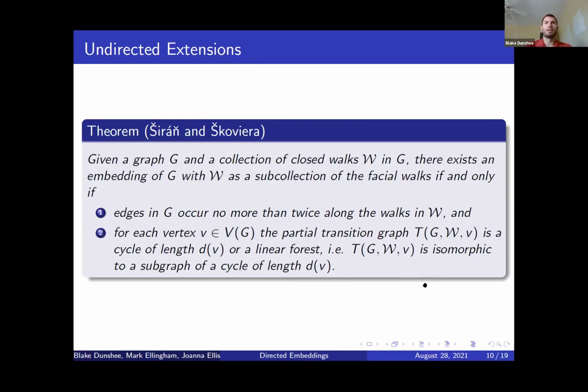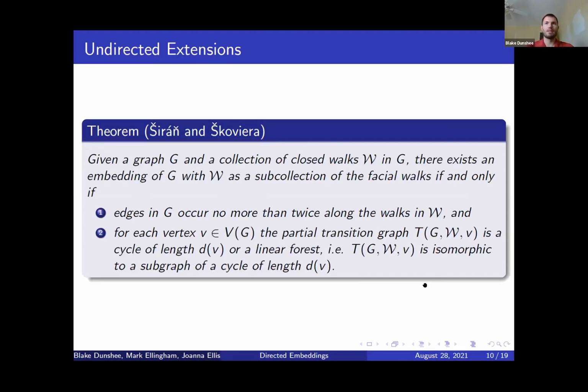They showed that given a graph G and some subcollection of closed walks W in G, there's an embedding with W as a subcollection of the facial walks if and only if, first of all, edges occur no more than twice along walks in W. Of course, an edge can only be a part of two facial walks.